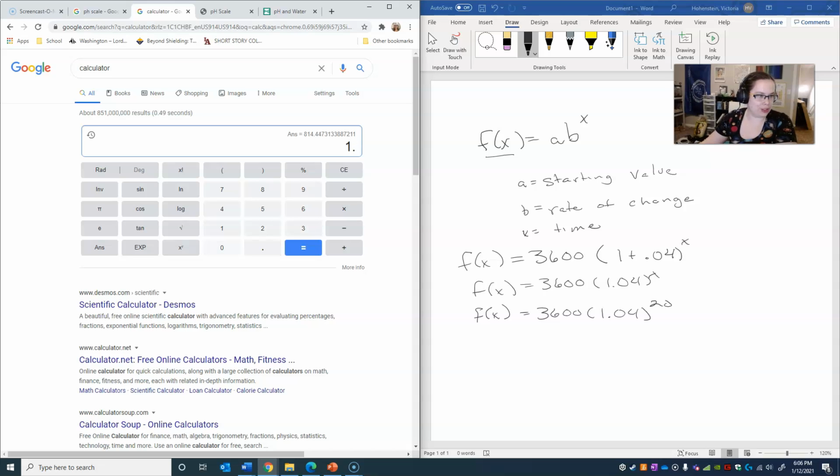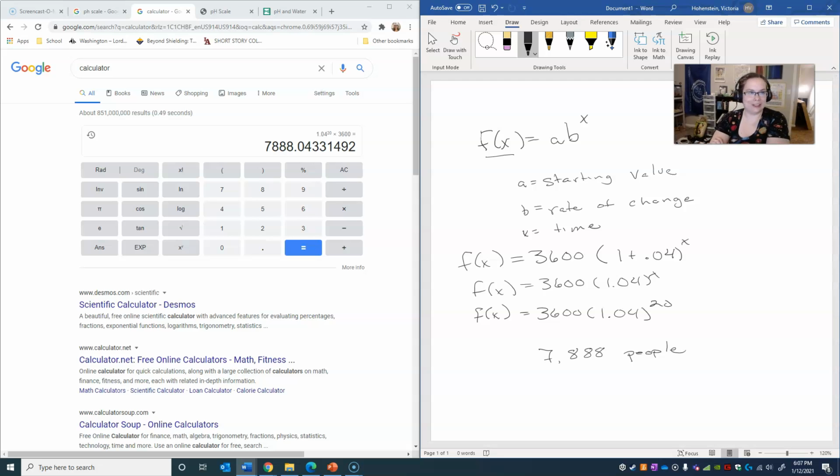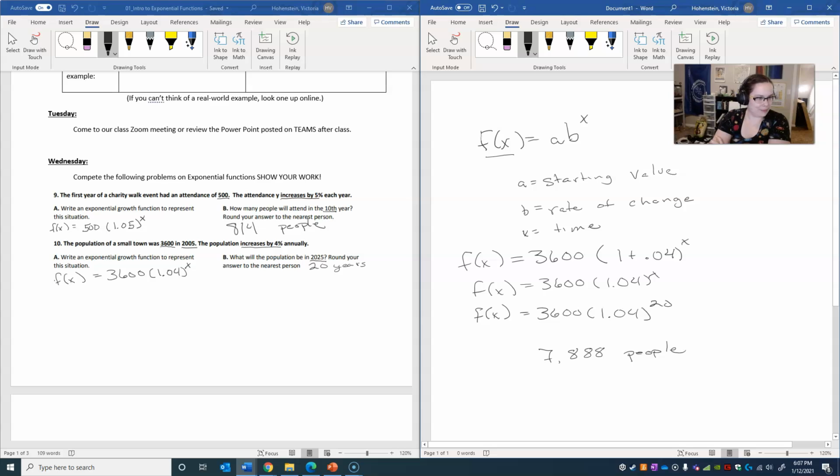So 1.04 to the 20th times 3,600. That gives me 7,888 people. You have to round to the nearest whole number because you can't have a fraction of a person. So in 20 years, the population should be 7,888 people.